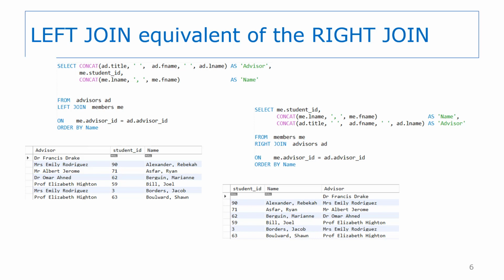Now, it may or may not make a difference to you which order the columns are displayed. If you will be creating an SQL statement for an end user, for example, to import data into an Excel workbook, they might find it easier to understand the data if it looks like the left side of this slide. The result grid on the left emphasizes the advisor names, not the student IDs and names.